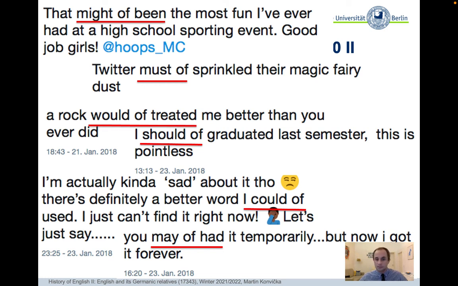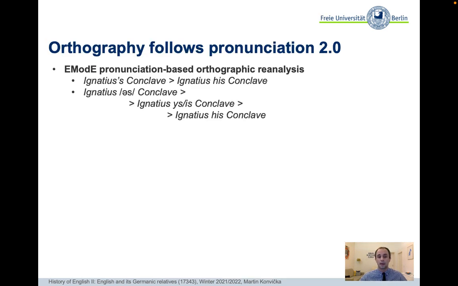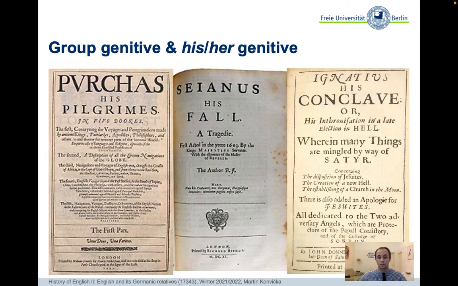And this is not because they do not know how to write; the reason is hypercorrectness, because they know that "of" should be written in such contexts, and they overgeneralize. And something similar probably happened in the case of these his and her genitives in early modern English.